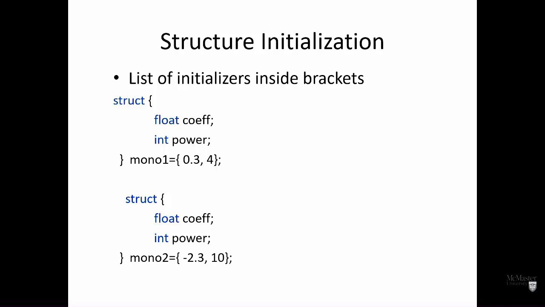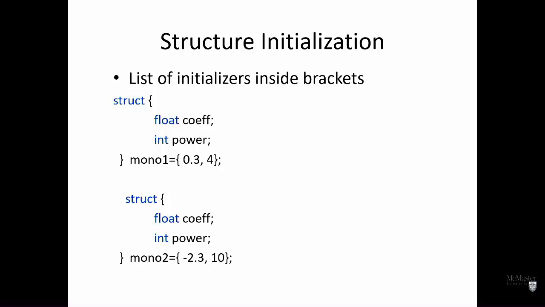Each time I need a monomial, am I going to define a monomial with a coefficient and power and then initialize it? No. What I'm going to do is define my structure as a data type, put it aside, and then each time have another version or a copy of this data type. You will deal with structures as if they are integers or arrays or doubles or something of that sort, right? By doing this, we are going to define our own data type, because your monomial structure is not something that is already defined in C.